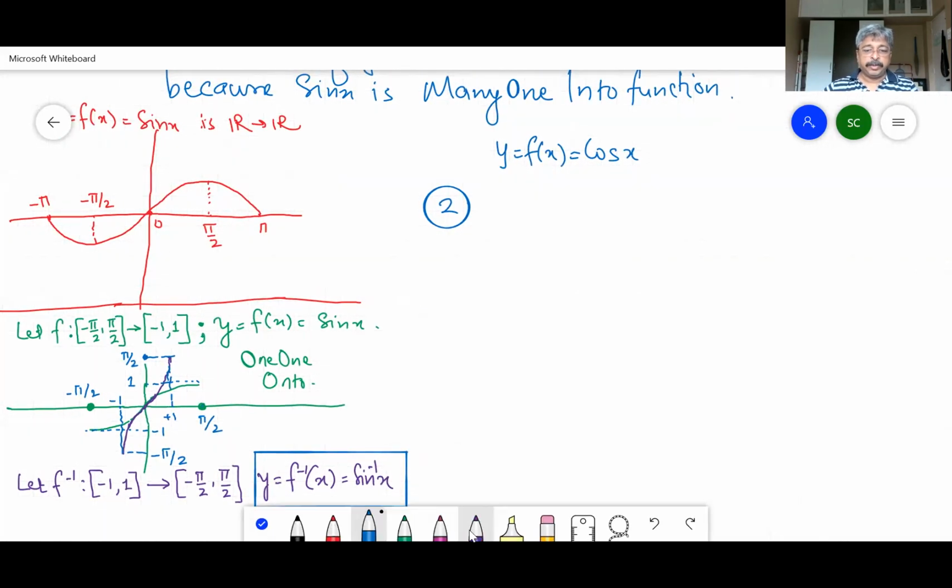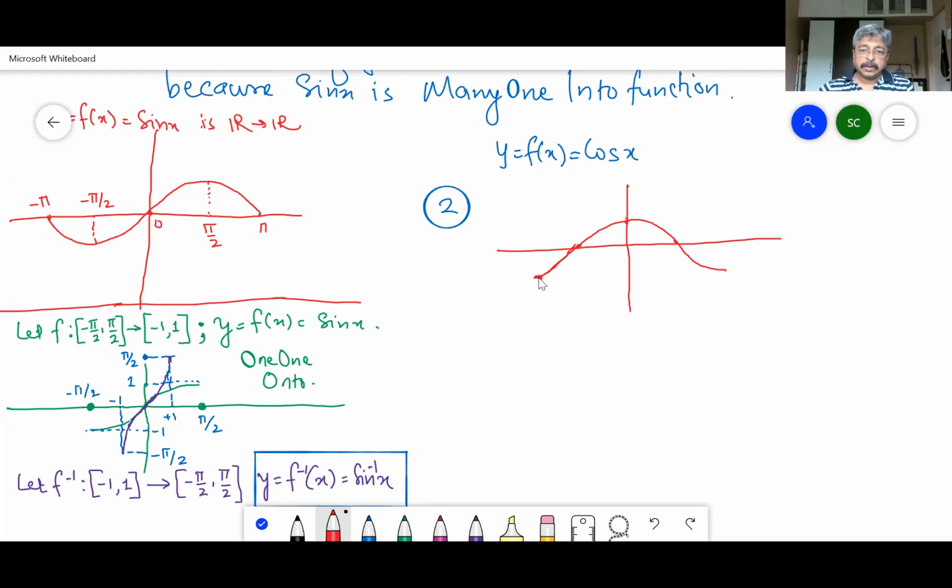Now let me draw the graph of cos first. This is your one cycle. Maybe I'll start from -π and I will finish at +π.